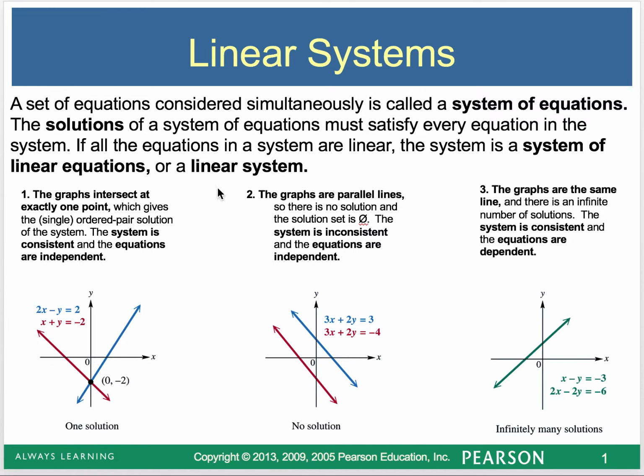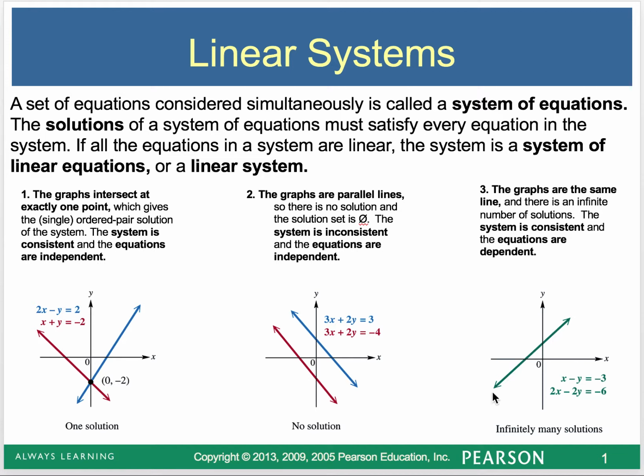If all the equations are linear, that means their graphs make a straight line, right? So there are three options. They could intersect and we get one solution, a point that's on both lines. Or they could be parallel lines, and therefore we'd get no solution because there's not going to be a point on both lines.